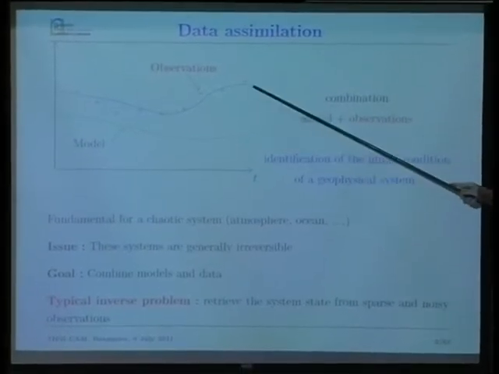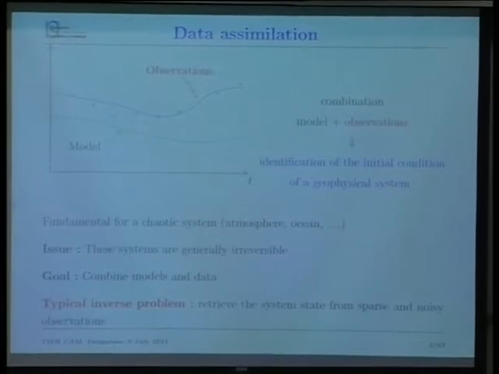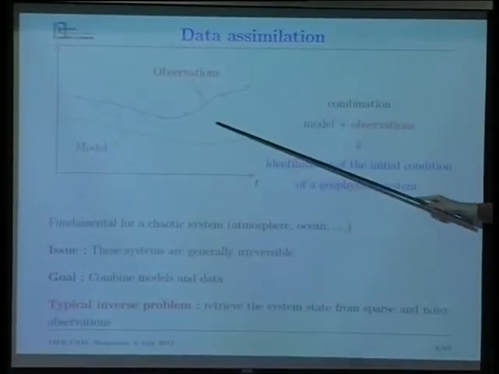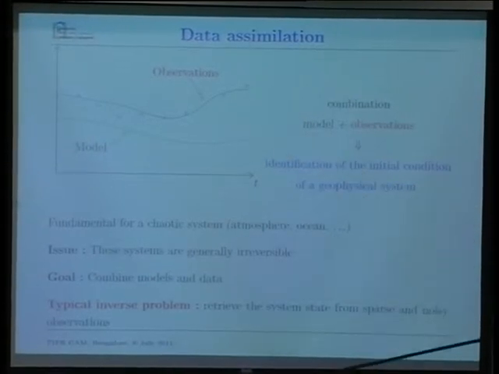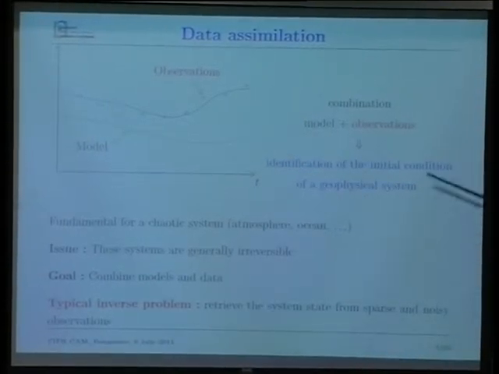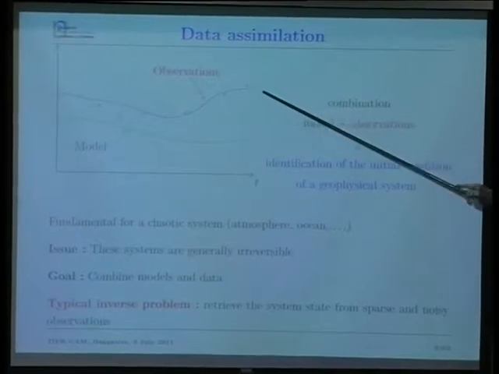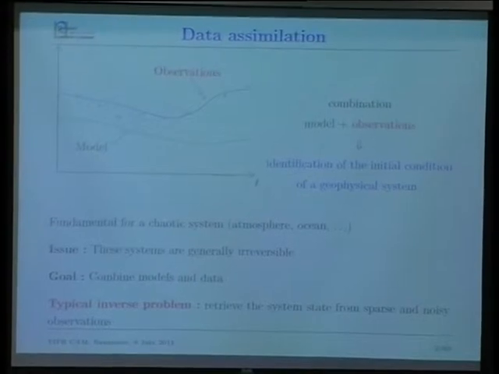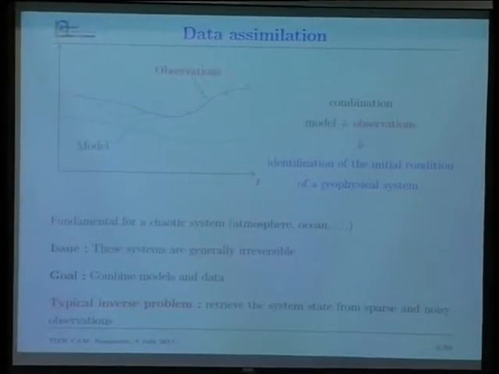So just remember the problem. You have a model, you have some observations, and you would like to find the best possible state in blue. The best possible will be, for nudging schemes, as close as possible to the observations.